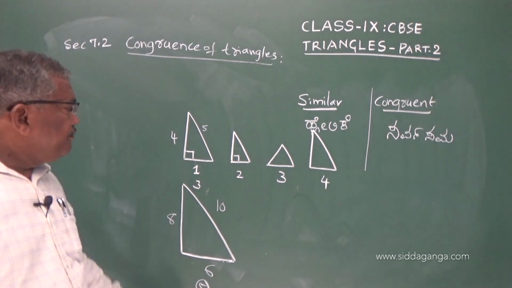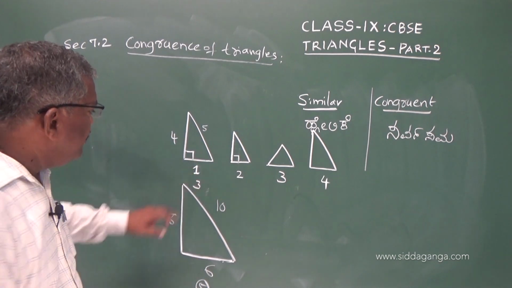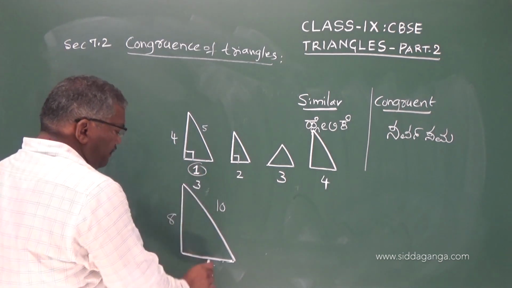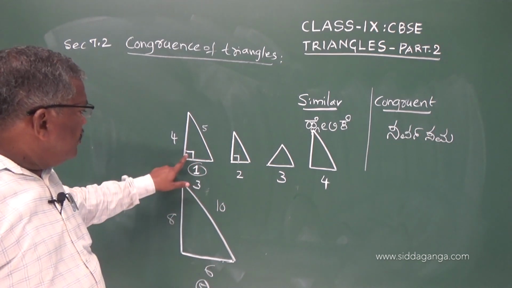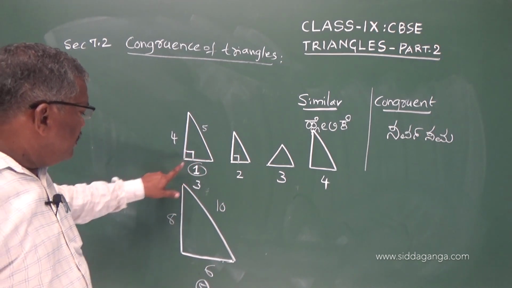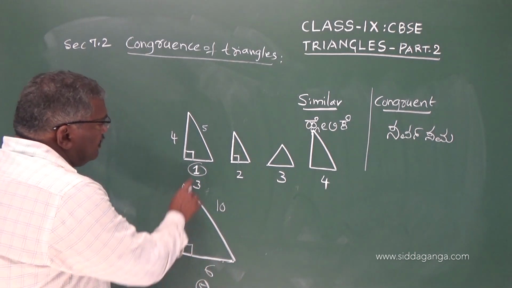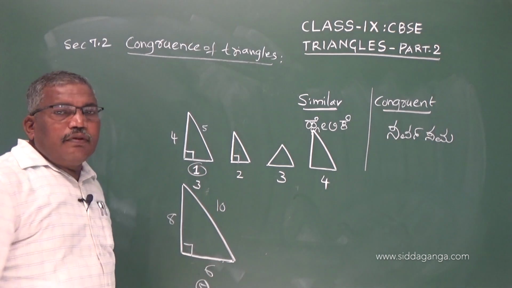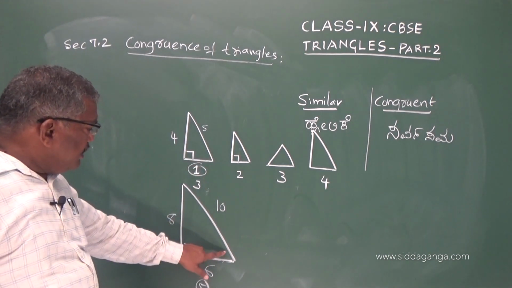Comparing figure 1 and figure 5, these two are right angles, and the sum of these two is 90 degree. Here also the sum of these two is 90 degree.